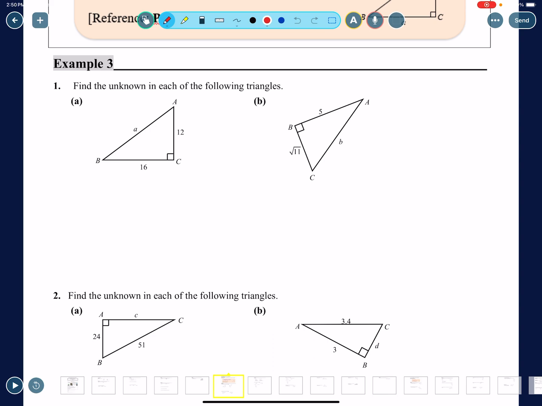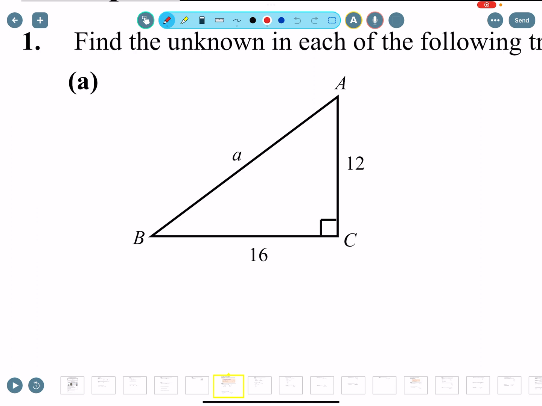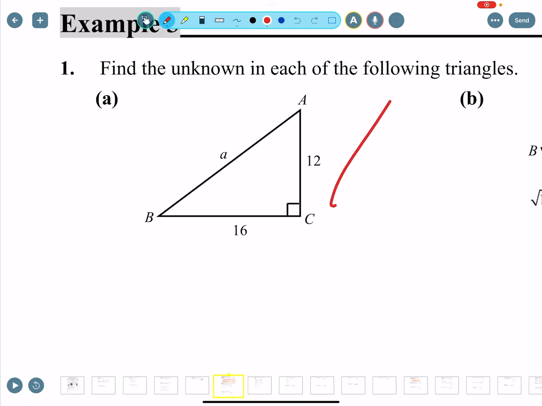You have a right angle triangle, and it only works on the right angle triangle, not any other triangle like isosceles or equilateral triangle, right? So it has to be right angle for this to work. Now, you need to identify what's the hypotenuse. Hypotenuse is basically the side opposite to the right angle, and it's also considered the longest side.